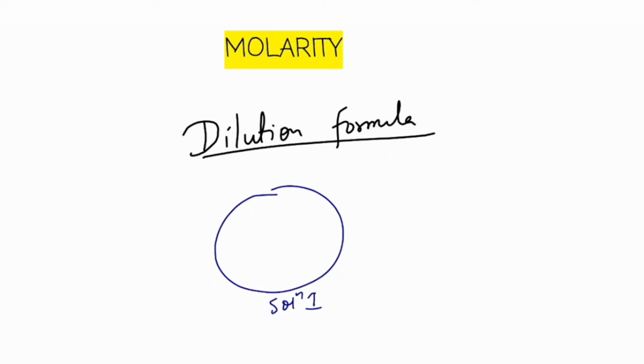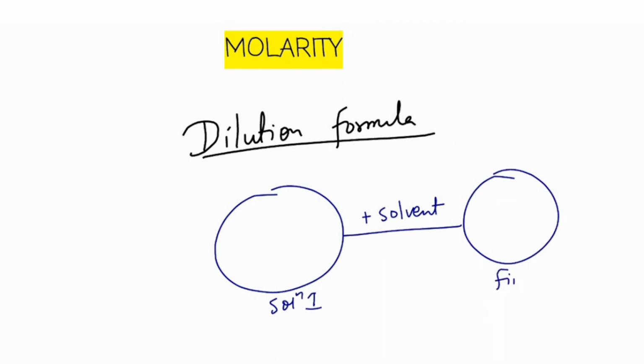Dilution means you are adding some solvent to this initial solution. Suppose we have added solvent and we now have this final solution. This final solution is our diluted solution. Solution 1 is a concentrated solution and the final solution is a diluted solution.